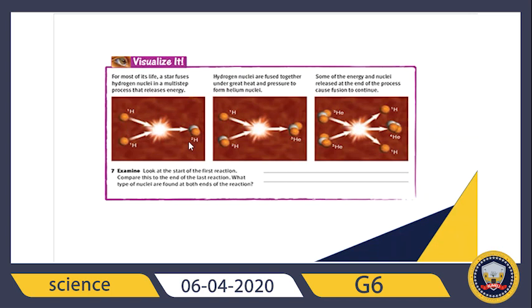This is for the first reaction. What about the last reaction? On this side we have 2 helium nuclei, each containing 3 protons. On the other side of the reaction we have 2 hydrogen nuclei, each containing 1 proton, in addition to 1 helium nucleus containing 4 protons.